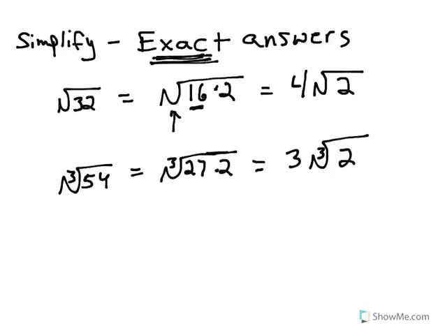One more example, the cube root of 40 x to the third y to the fourth. We can factor our constant, or our coefficient I should say, but we can also factor our variables.